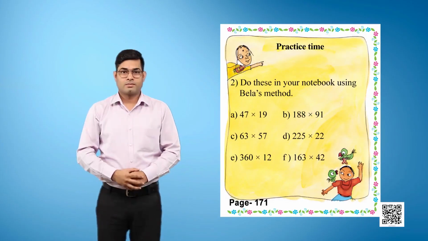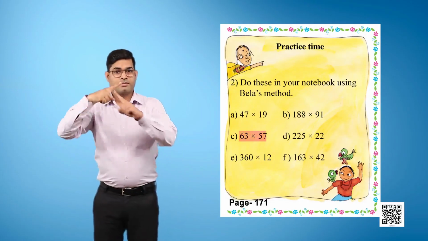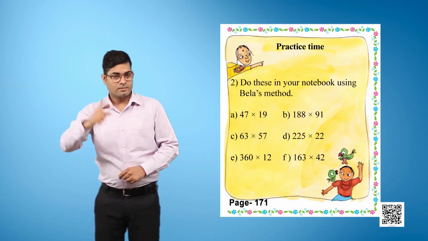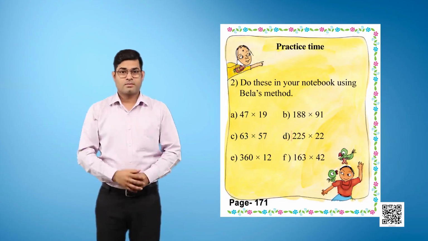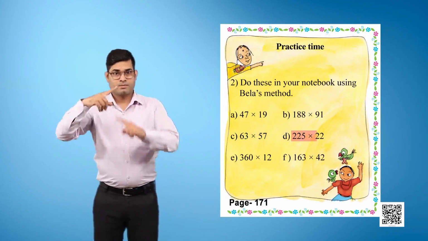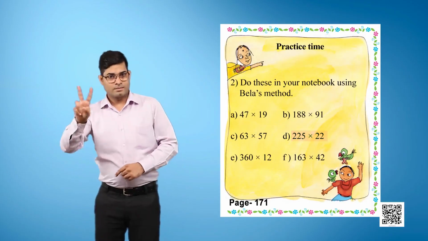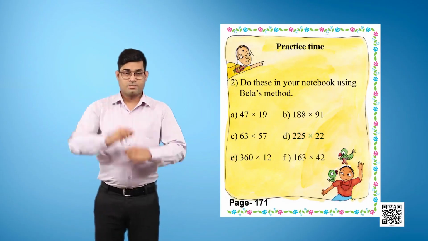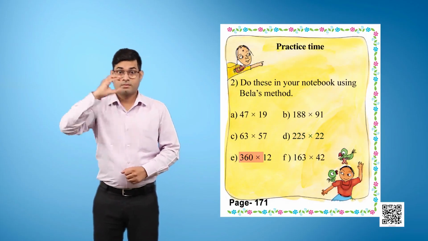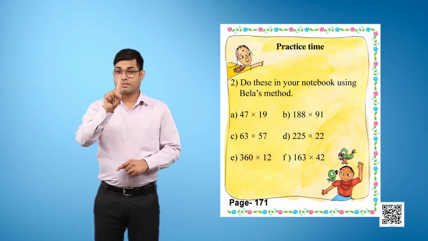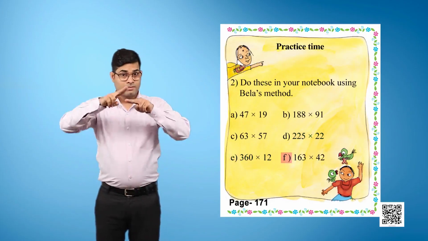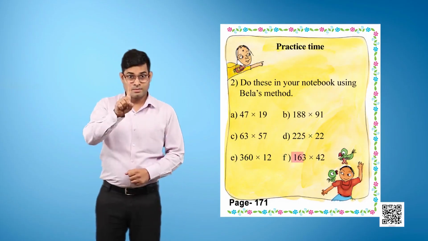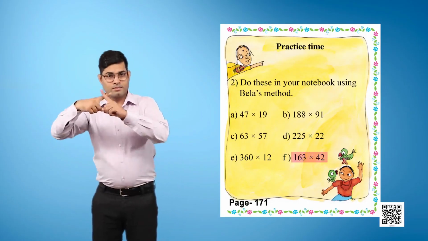C. 63 multiplied by 57. D. 225 multiplied by 22. E. 360 multiplied by 12. And F. 163 multiplied by 42.